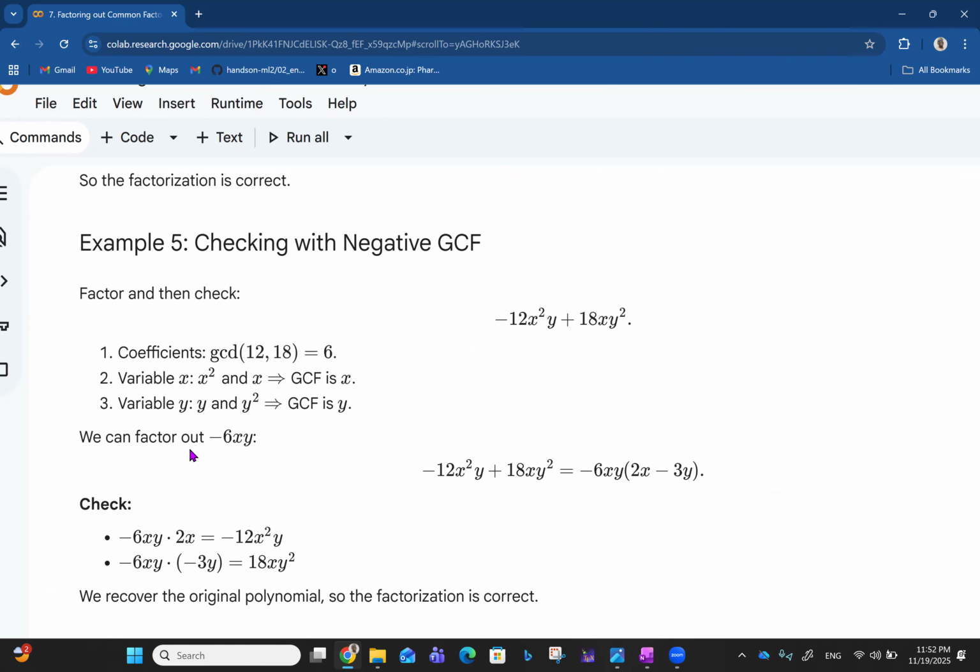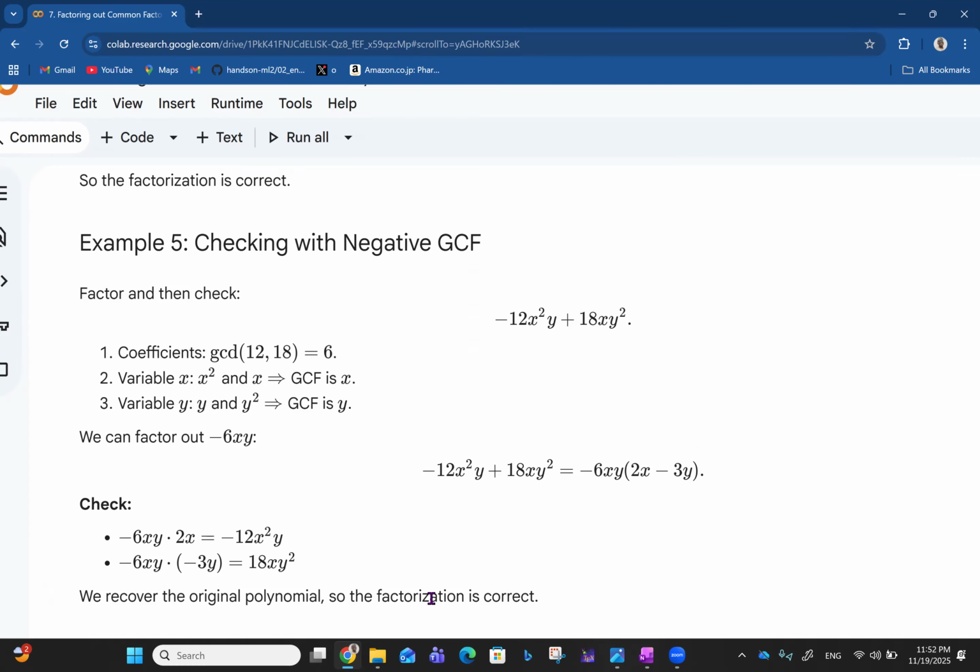So we factor out minus 6xy. Minus 12 divided by minus 6 is 2, and then x cancels, y is gone, so we have 2x. Then carefully now, you have plus 18. 18 divided by minus 6 is minus 3. The y cancels and the x cancels, so we have 3y here.